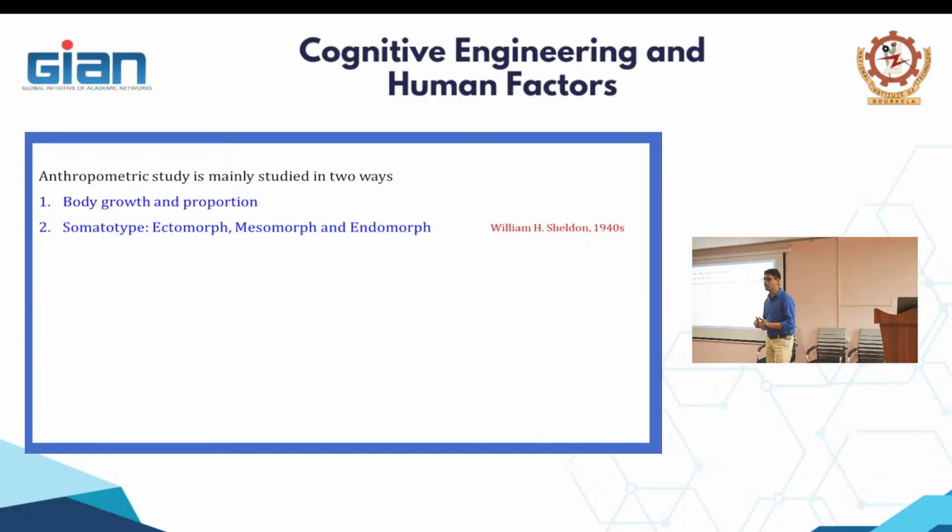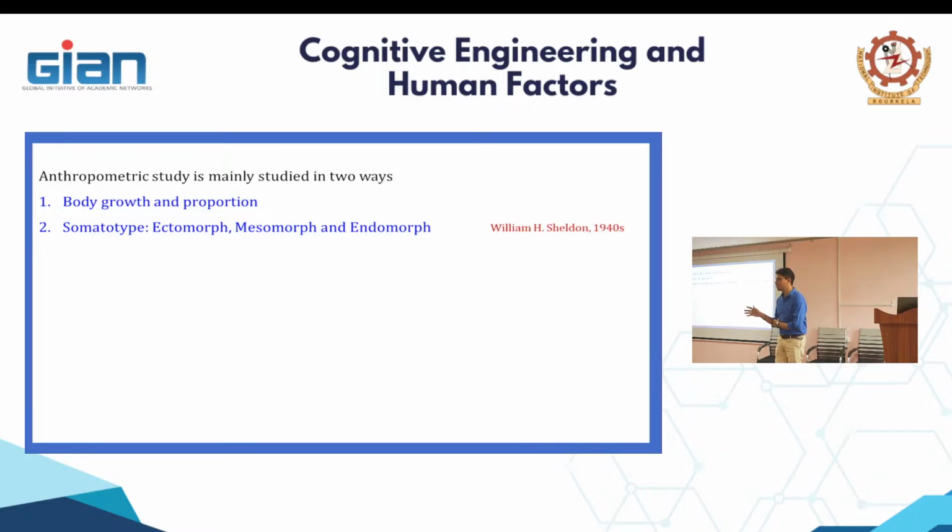So the human body has different parts, right? And every body part doesn't follow the same growth rate. The growth rate from childhood to adult that the hand follows is not the same growth in our fingers or the palm.